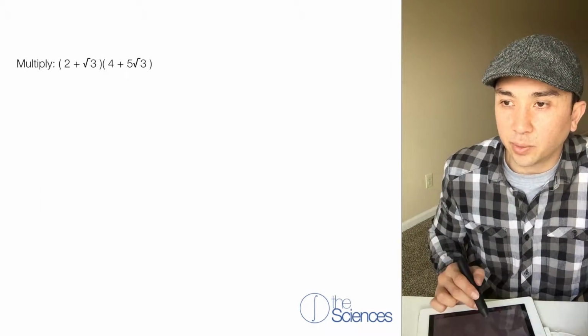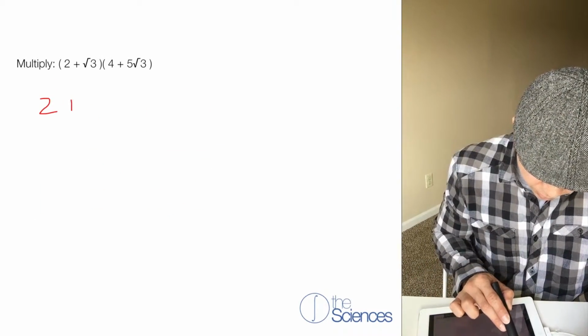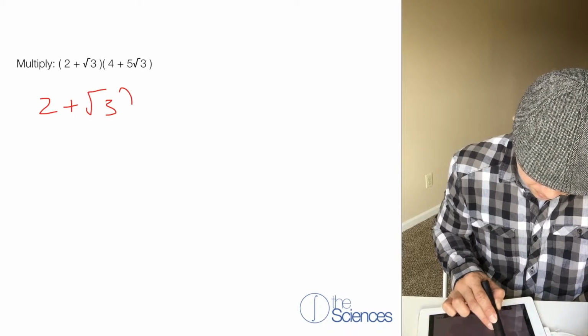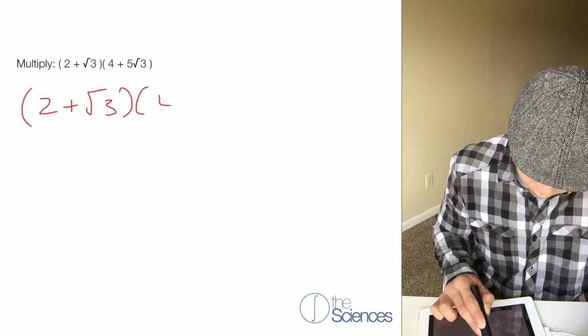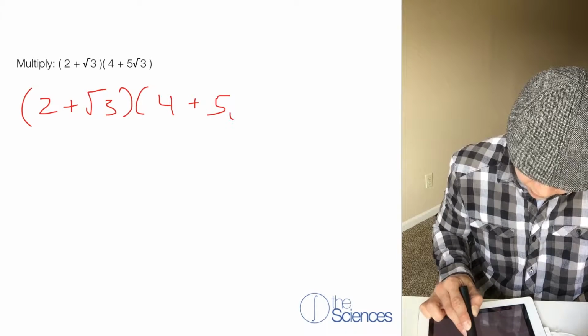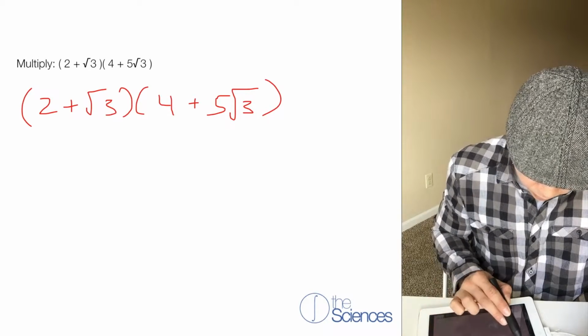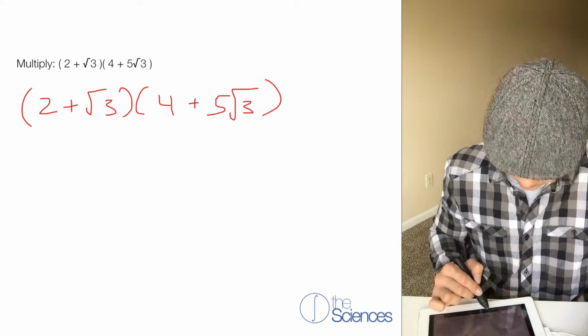So now let's multiply 2 plus the square root of 3 times 4 plus the square root of 5. So what we're going to do is use the FOIL method.